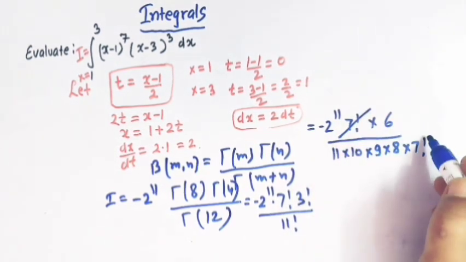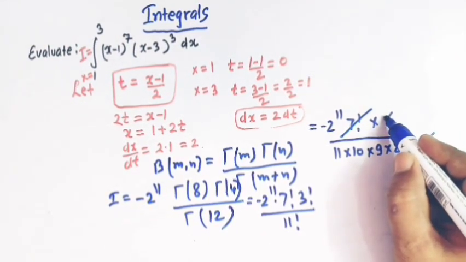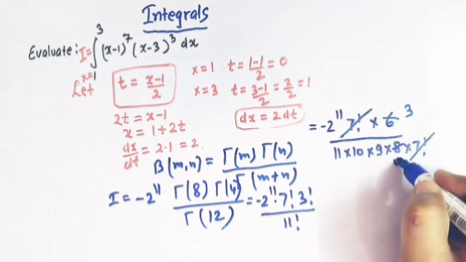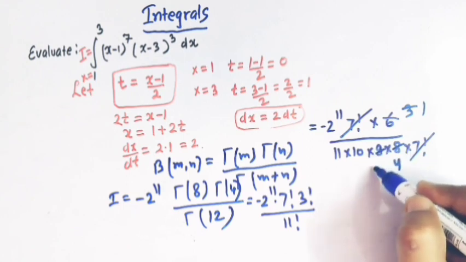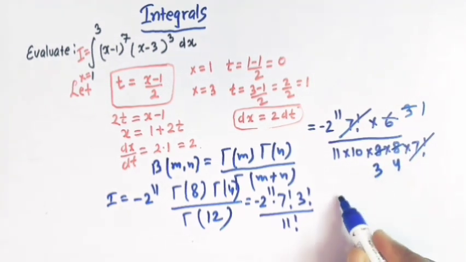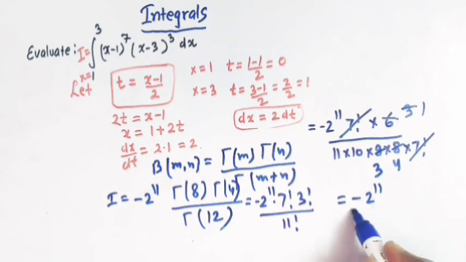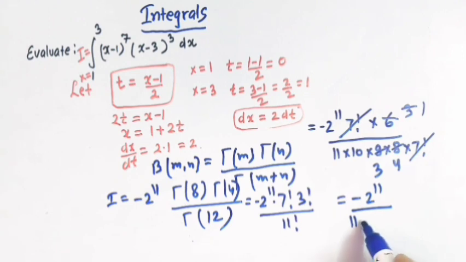So this 7 factorial and this 7 factorial get cancelled, and here we have 2 3s are 6, here we have 2 4s are 8, and then we have 3 1s are 3, 3 3s are 9, right?